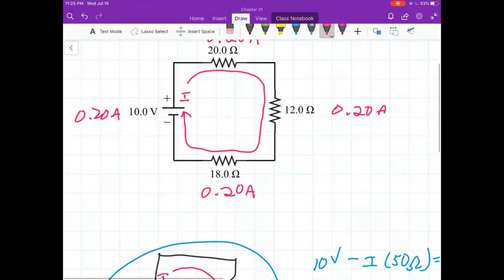Now, remember the current is flowing to the battery because charge passes to the battery, picks up energy. It takes that energy and it gets lost as heat in each resistor. So current is the charge over time.